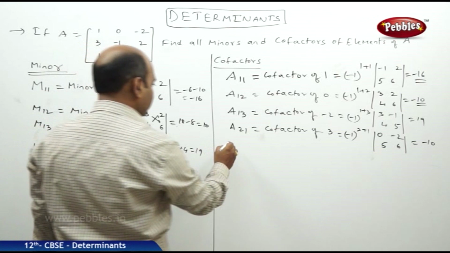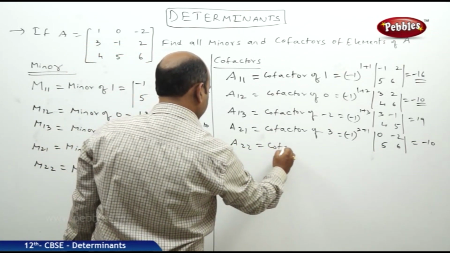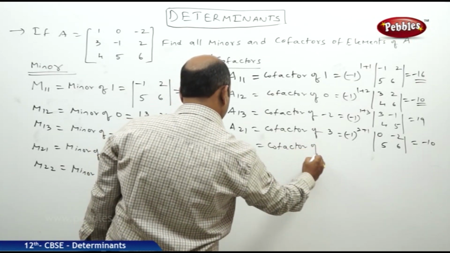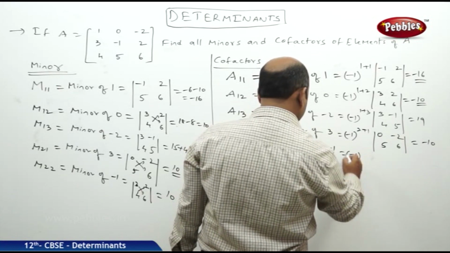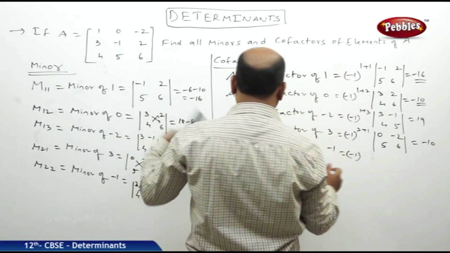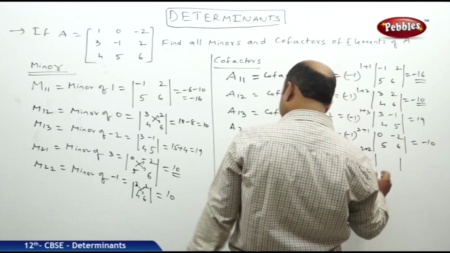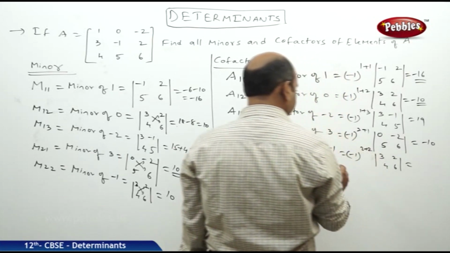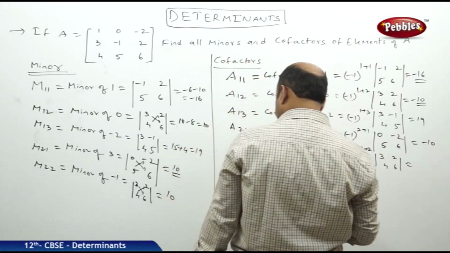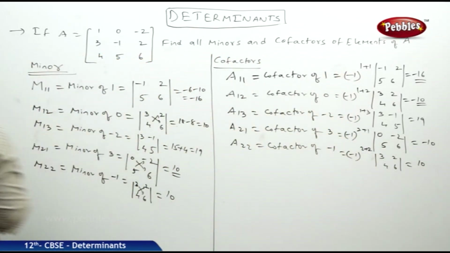Here I am writing A22 is equal to cofactor of minus 1. So minus 1 whole power 2 plus 2 into its determinant 3, 2, 4, 6, that is equal to minus 1 to the power 4, and here I will be getting 10.